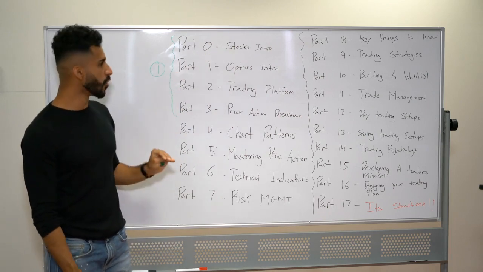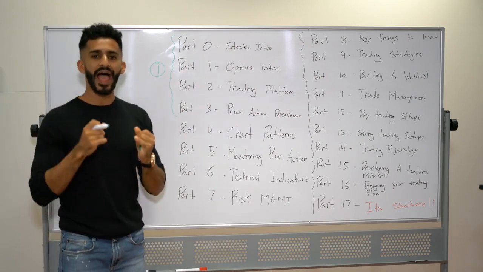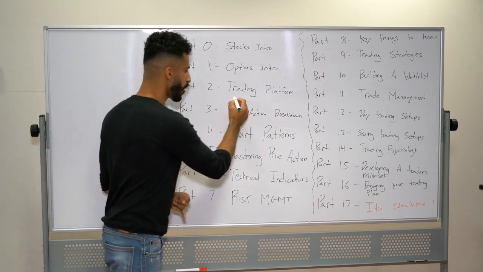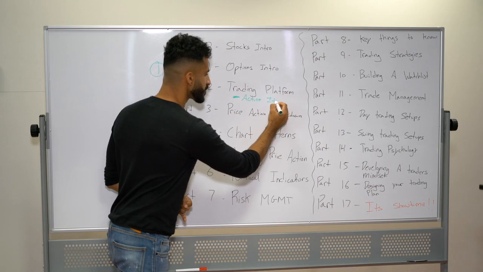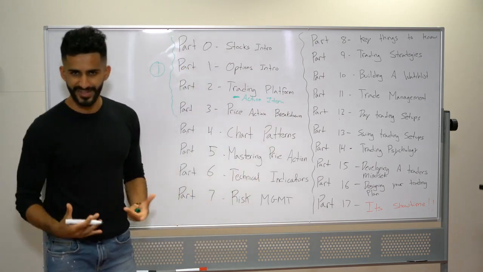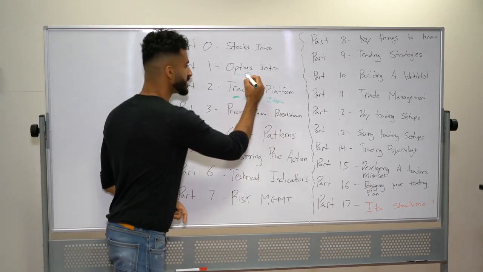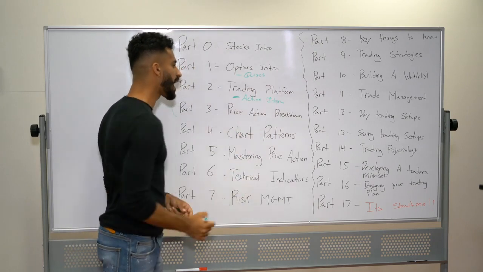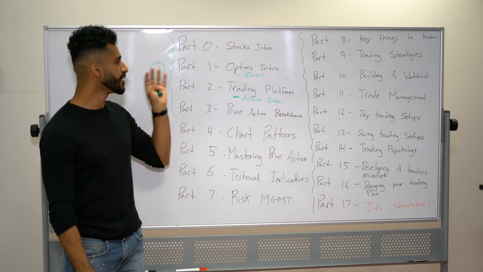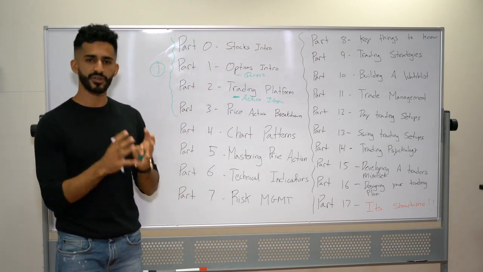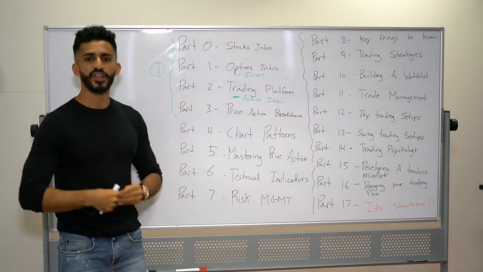After each part, there are action items, and after each part, there are quizzes, right? The idea of the quizzes is just to test your knowledge, to make sure you understood everything that was important in that part, and then you can move on.